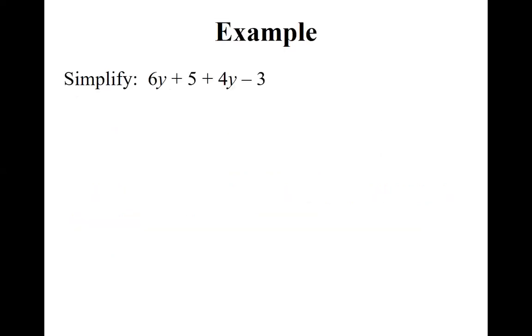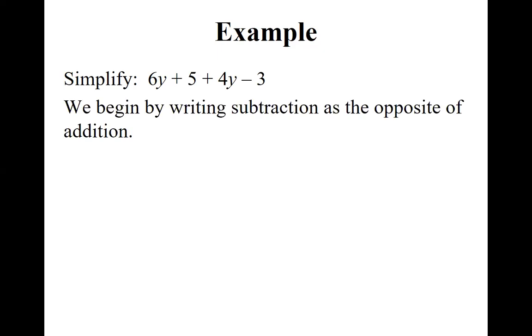Why did we review these? Well, first, let's start by writing this as all addition. So instead of minus 3, that's plus a negative 3. Subtracting is adding the opposite. Now we have 4 things being added, and we can add them in any order.